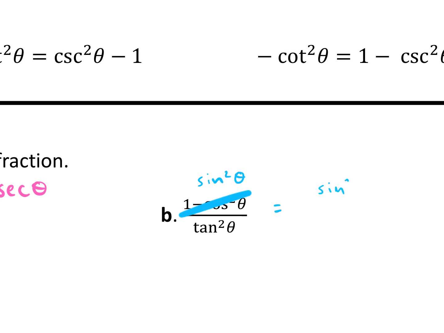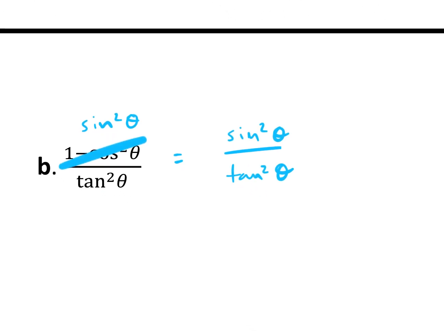So I have sine squared over tangent squared. What else can I do? Change the tangent squared to sine squared over cosine squared. I can do that. And then what? Keep, change, flip. So I'm going to keep the top, change to multiplication, and flip the bottom.